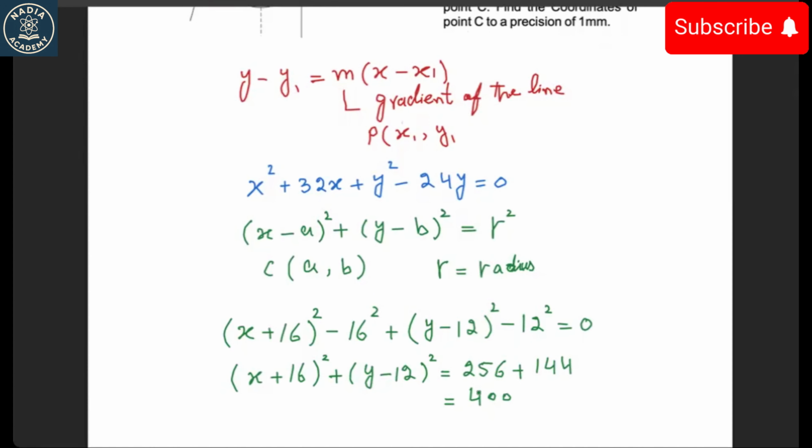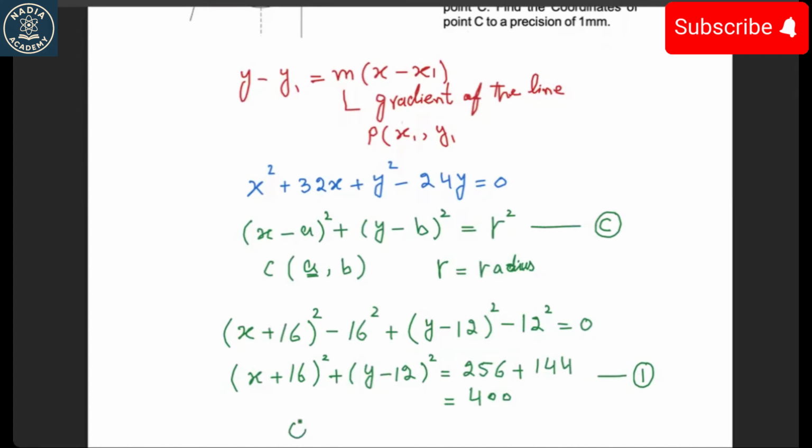So now let's call this our equation number one, and let's compare it with the general equation of the circle. I give the name C for circle to this equation. Then we can see that we have (x minus a) squared. a is the x coordinate of the center of the circle.